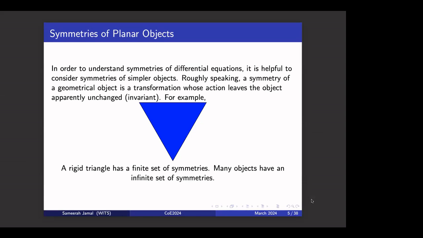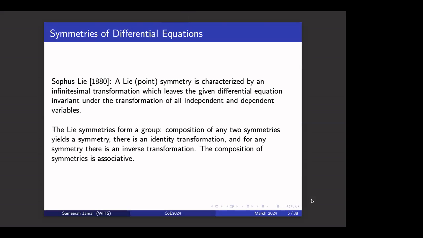There are certain rotations that leave this triangle completely invariant. You also have many regular day-to-day objects that have an infinite set of symmetries. A typical example would be the circle. So of course, that's one side of the symmetry conversation.